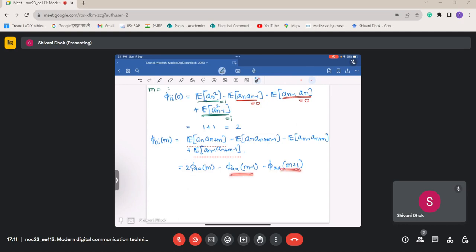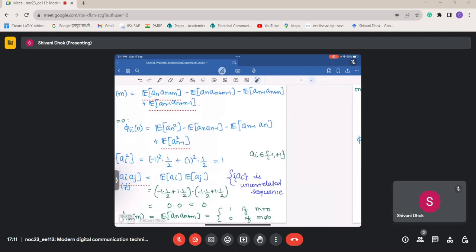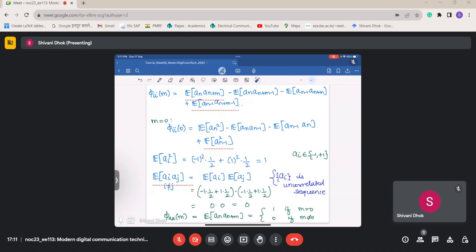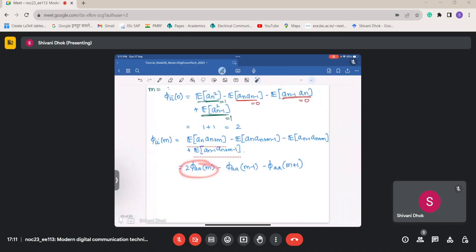These two will be 0 by the definition we have here. However, this will survive. So as observed from the previous discussion, for m equal to 0, this phi_II of 0 will be equal to 2 times phi_aa of 0 minus phi_aa of minus 1 minus phi_aa of 1, which comes out to be equal to 2.